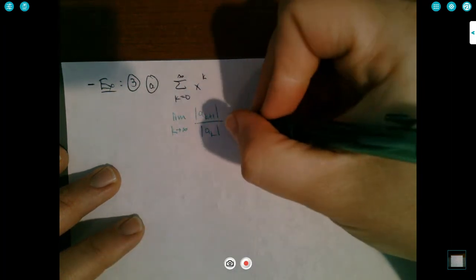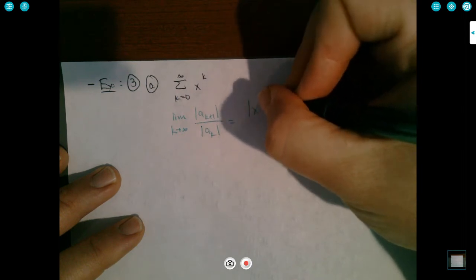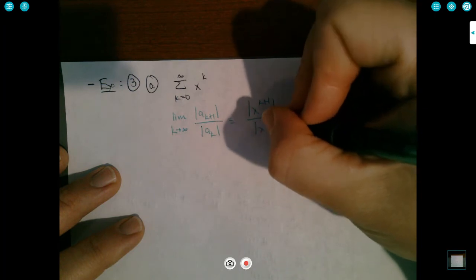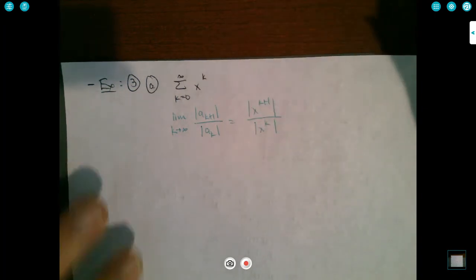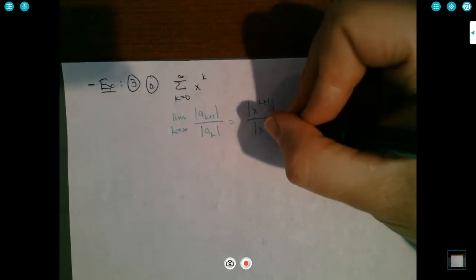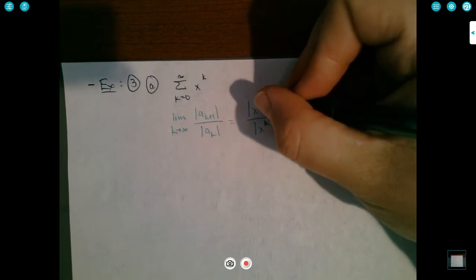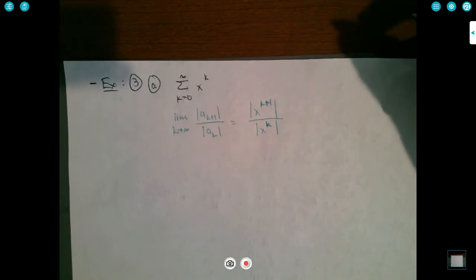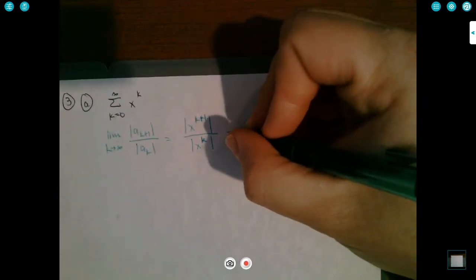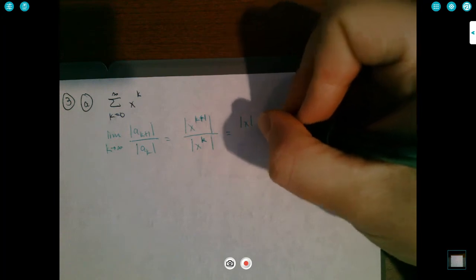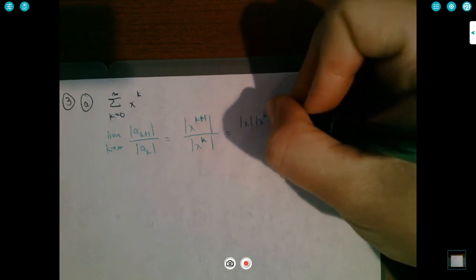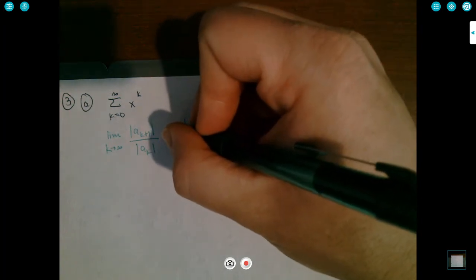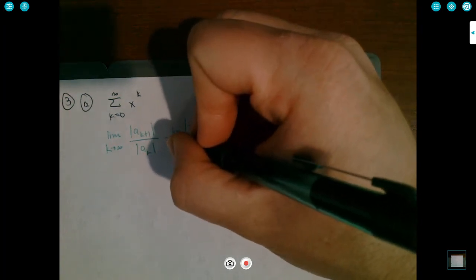So in this case, that's going to be the absolute value of x to the k plus 1 divided by the absolute value of x to the k. So that equals the absolute value of x times the absolute value of x to the k divided by the absolute value of x to the k. Oh, I need my limits. I need to rewrite the limit symbol each time.